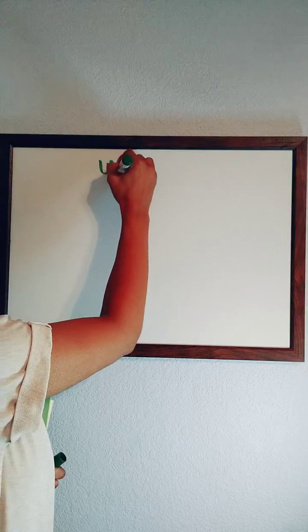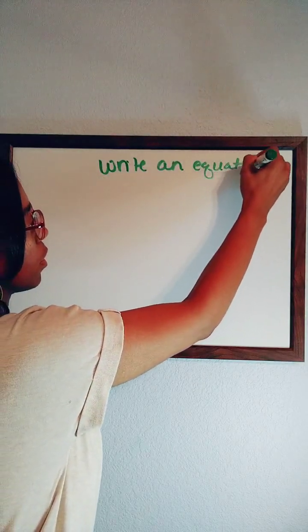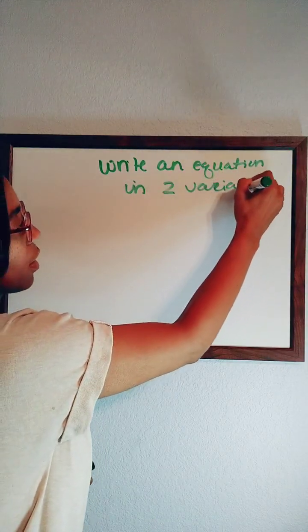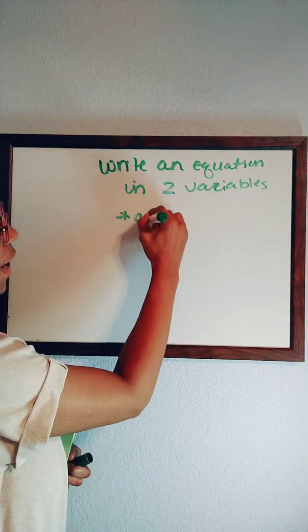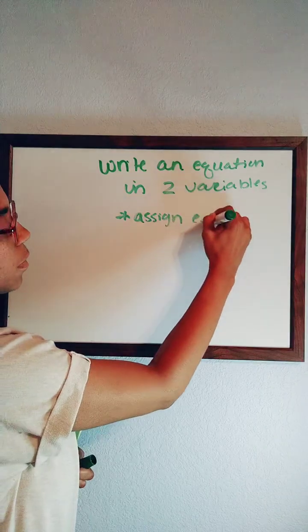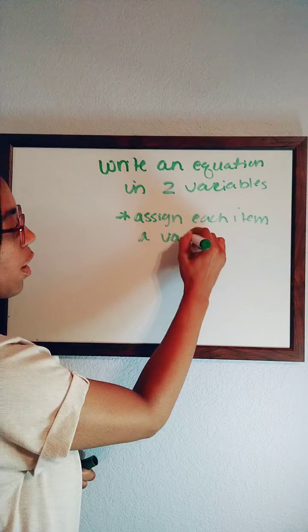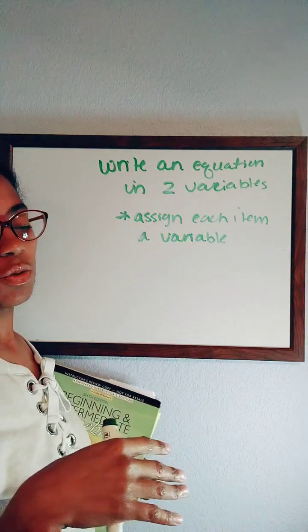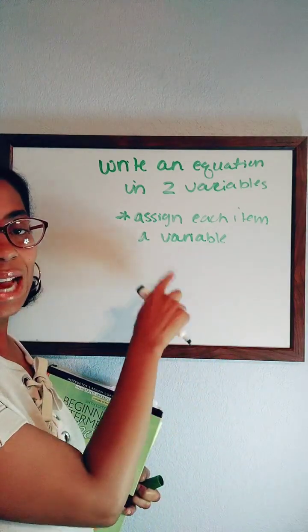So if you need to write an equation in 2 variables, all you're going to do is find your 2 pieces of information, and you always assign each item a variable, whatever it is that you are comparing or purchasing. It could be sales to number of dinners sold, anything like that. All you're going to do is assign each item a variable.